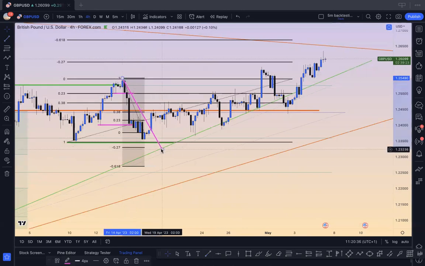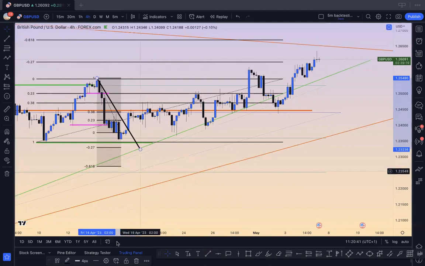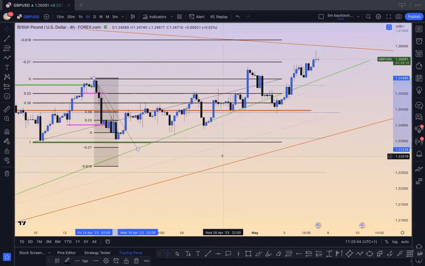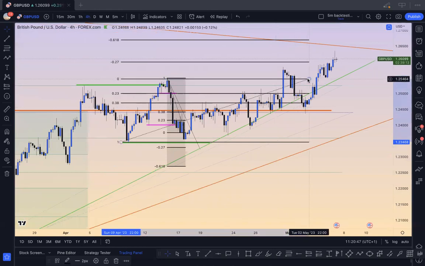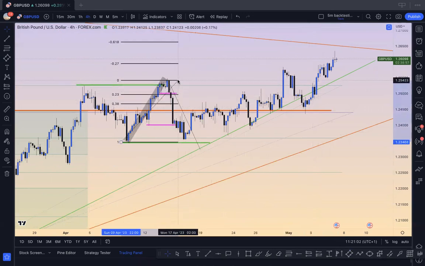So this is a minor structure trend line, and I'm going to make now this one, because we know now that we had the impulsive move, which is this one. So we are looking for, I'm going to take this on the side now.